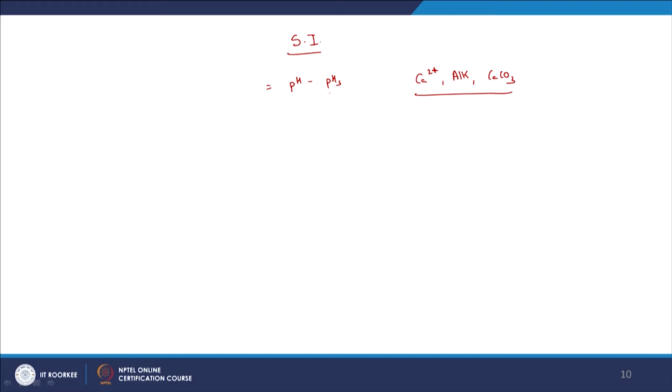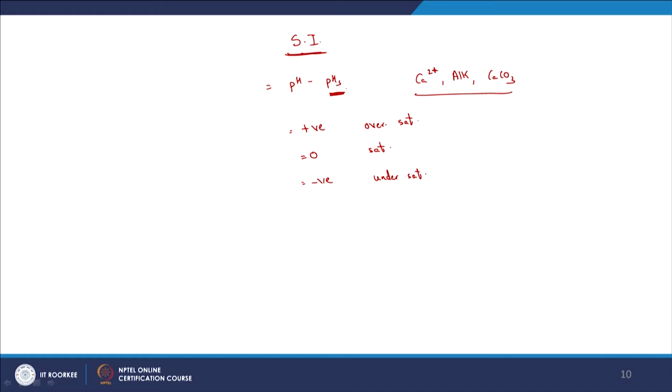That would be the pH at saturation, and the saturation index is calculated as pH minus pHs. So, when this is positive, the situation is oversaturated, when it is equal to 0, it is just at saturation, and when it is negative, it means it is undersaturated.